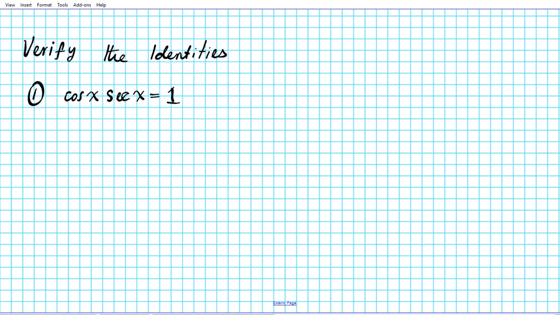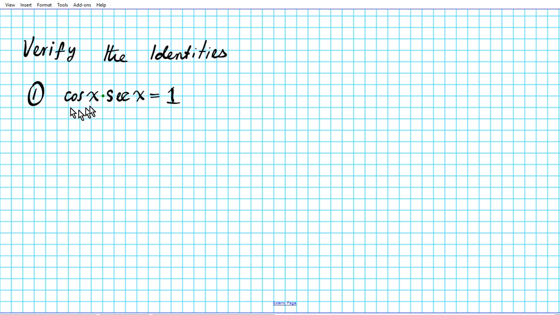That's the goal. Okay? Now, when you have the product of trig functions just like this, an easy way to verify a trig identity will be to write the functions in terms of sine and cosine. Okay? So can we rewrite it in terms of sine and cosine?